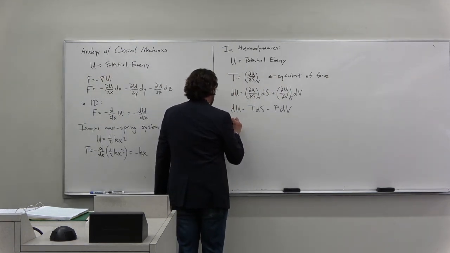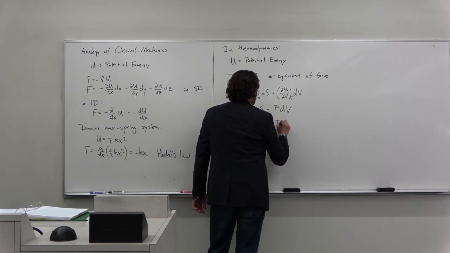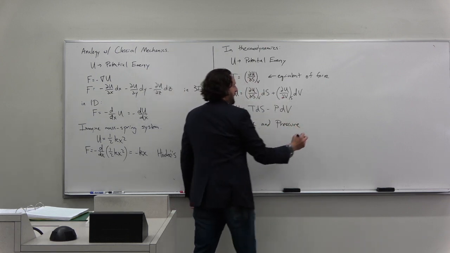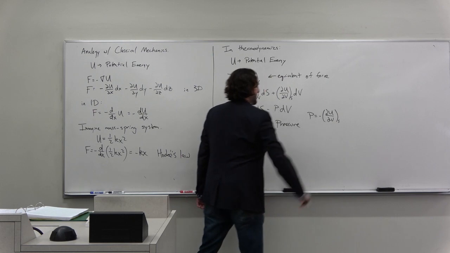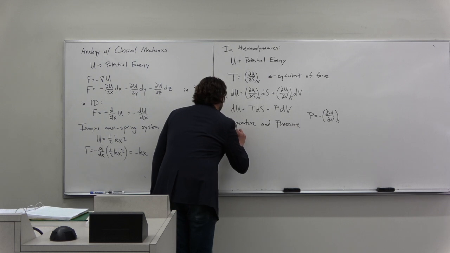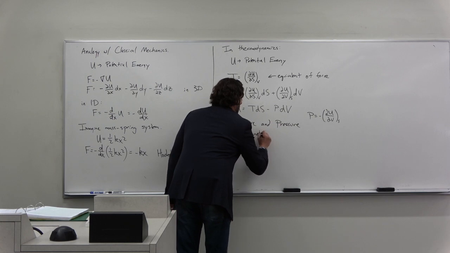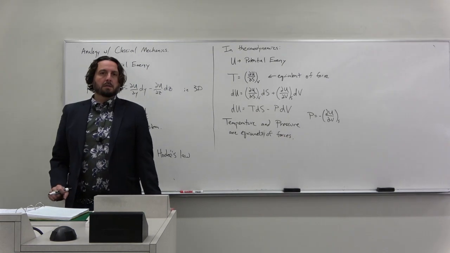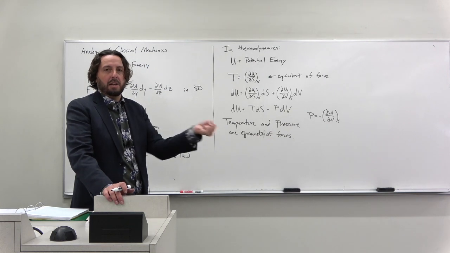So you can see that temperature and pressure, because the pressure is also, right? So the pressure was minus partial U, partial V at constant S. These are our equivalents of forces. So you can think of it as if I apply a force to a mass spring system, I change the potential energy.